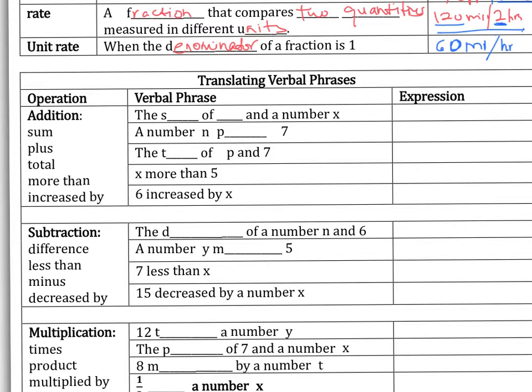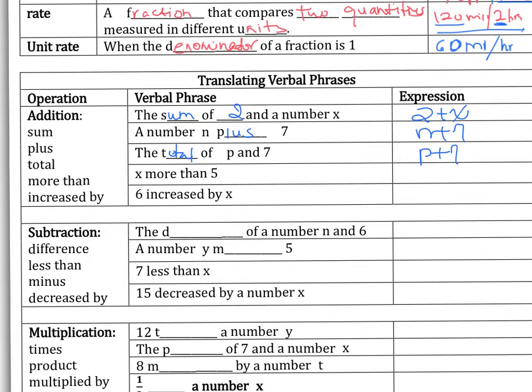Translating verbal phrases. Okay, we're going to take this step by step, and we're going to begin with addition. Verbal phrase: the sum of 2 and a number x. The expression would be 2 plus x. A number n plus 7: n plus 7. The total of p and 7: p plus 7.